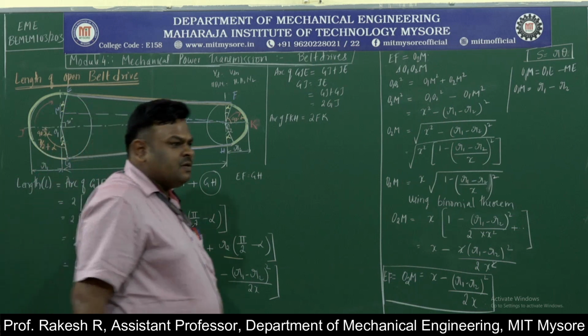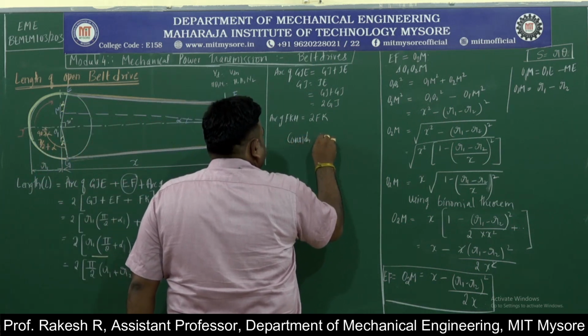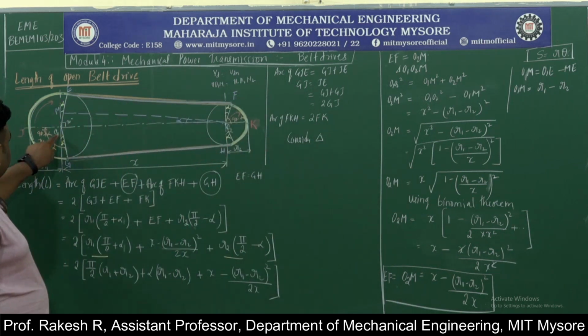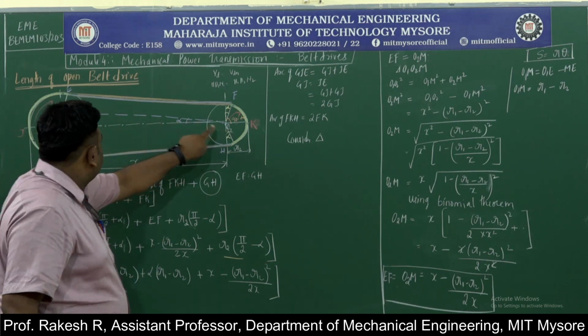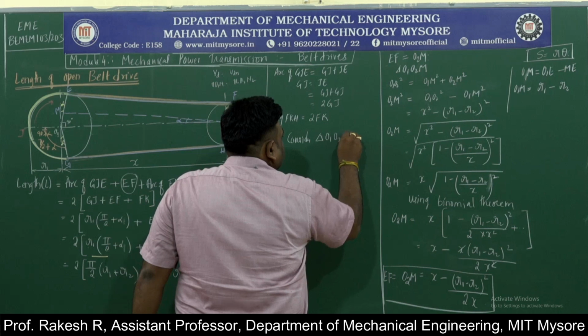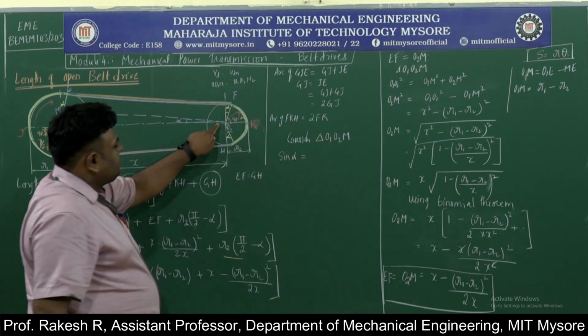One more thing we have to do here is, what is alpha? I will consider triangle O1 O2 M. I will consider sine alpha.